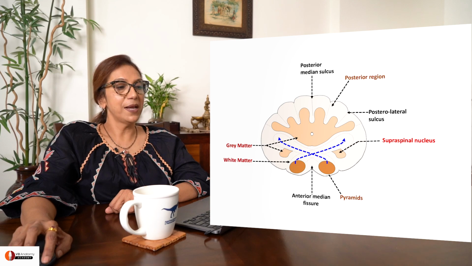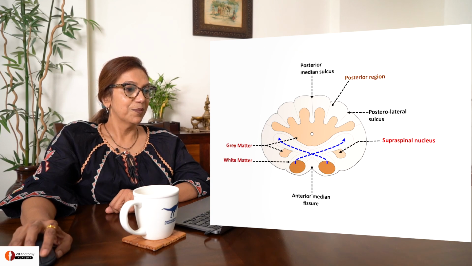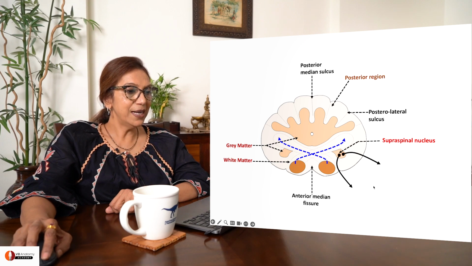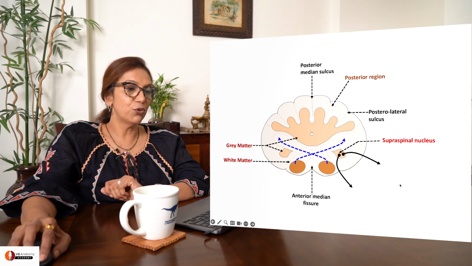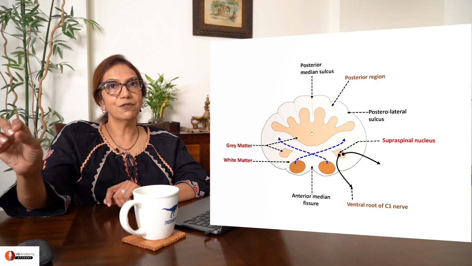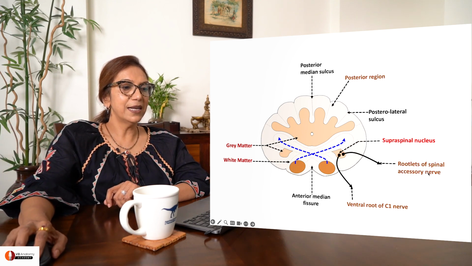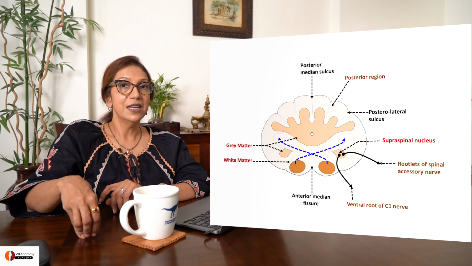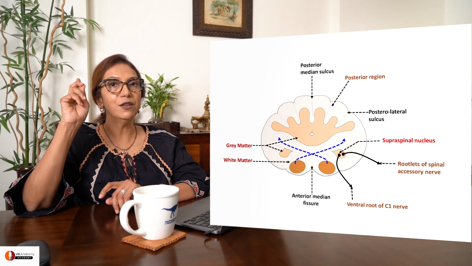From the supraspinal nucleus, you will see the origin of two nerves. One that emerges and comes forward through the anterolateral sulcus is the ventral root of C1 nerve. Another rootlet that emerges is one of the rootlets of spinal accessory nerve. Remember, cranial accessory nerve?